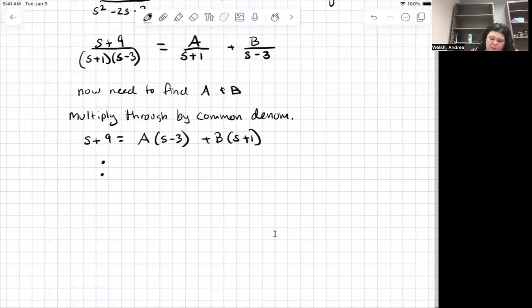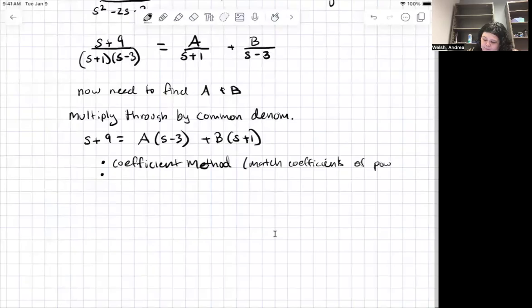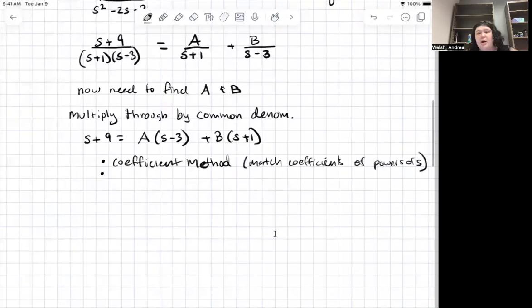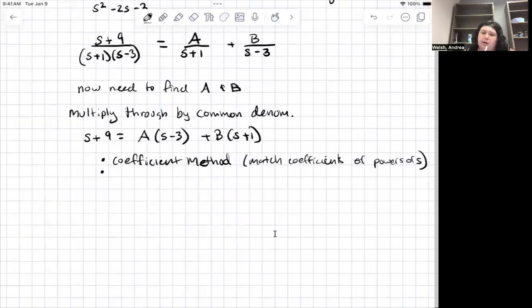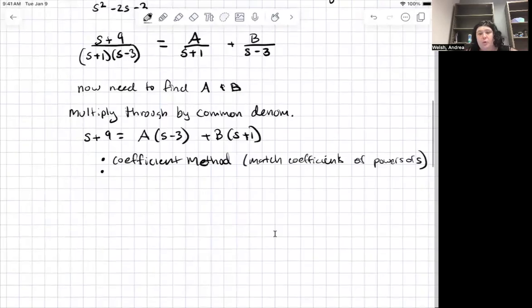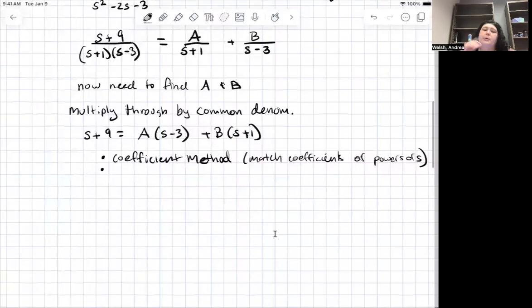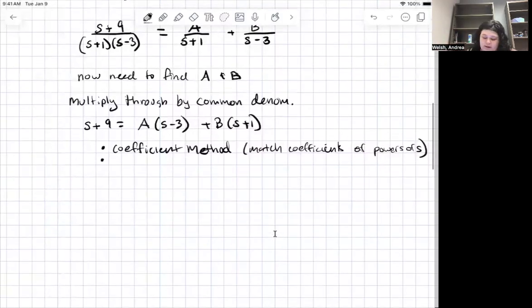You're welcome to do whatever you want to find A and B. There's the coefficient method, where you match coefficients of powers of s, similar to how we did that in our second order linear differential equations, where we matched coefficients for powers of t.